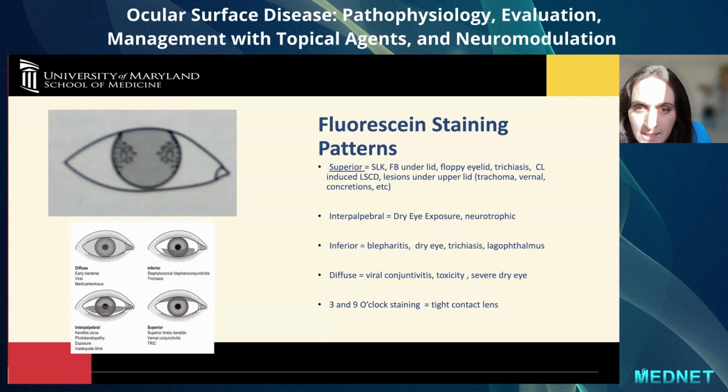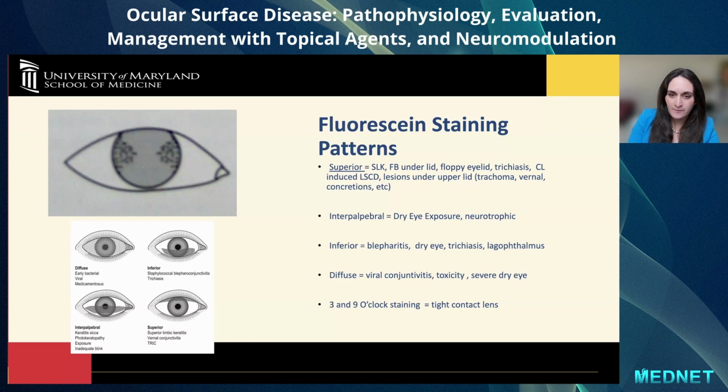You can also look at the staining patterns for fluorescein. So superior staining can highlight SLK or whether or not there's a foreign body. You can also think about floppy eyelids in these patients. And if there's interpalpebral staining, in between the eyelids, you want to think about dry eye or exposure or neurotrophic component.